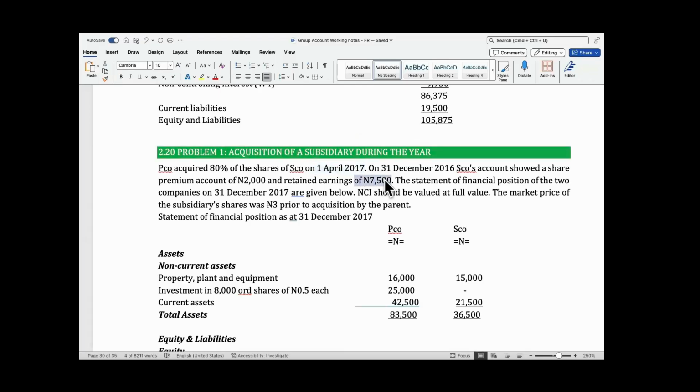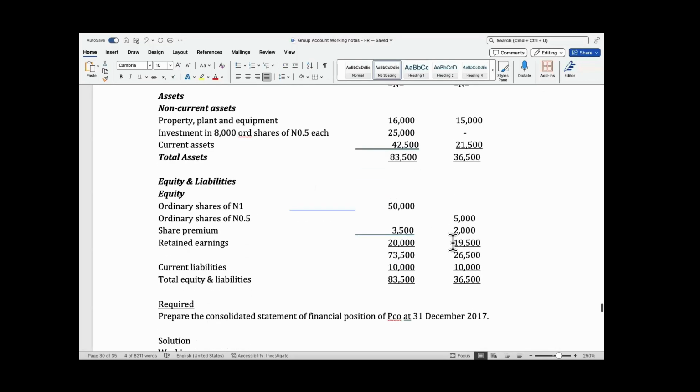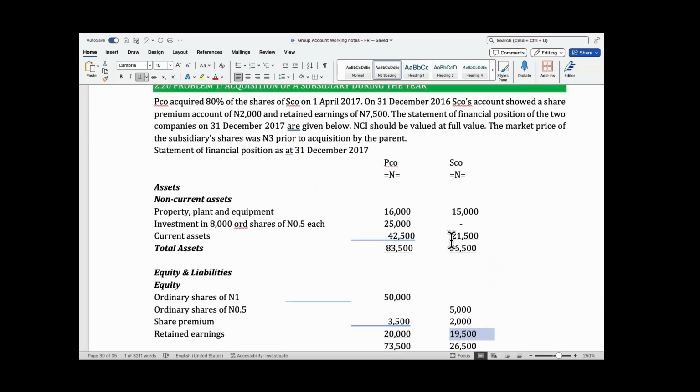But the retained earnings, which was 7.5 in December, at the end is 19.5. That means it has increased by how much?